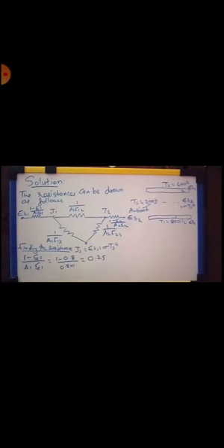Also 1 minus epsilon 2 divided by A2 epsilon 2 is the same value, 1 minus 0.8 divided by 0.8 into 1, which is also equal to 0.25.